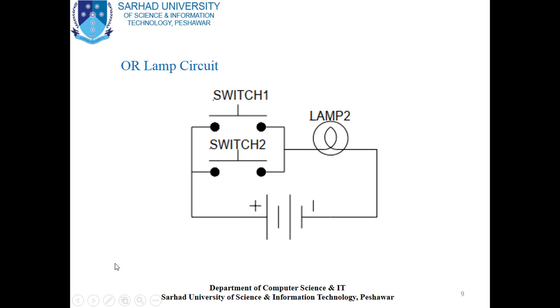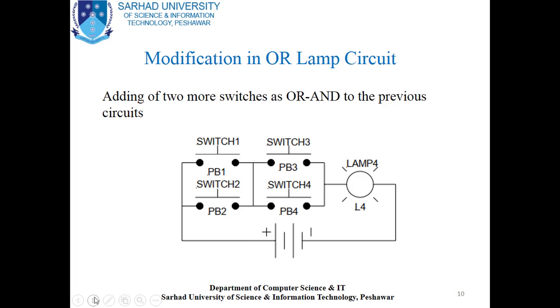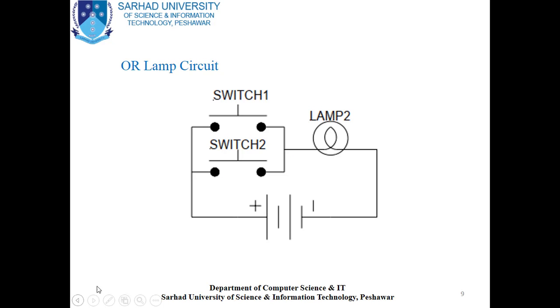We will switch to the next slide. If we go to the previous slide, here you can see switch 1 and switch 2 are connected in parallel form or in the OR logic form.